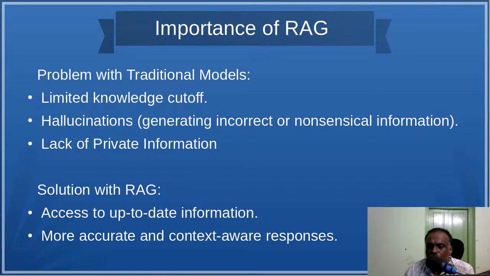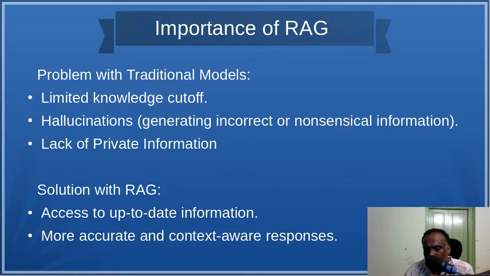If it is not able to access that information, then there is no use of having such chatbots, right? So, as explained, there are certain shortcomings with LLMs: limited knowledge cutoff, hallucinations, and lack of private information.